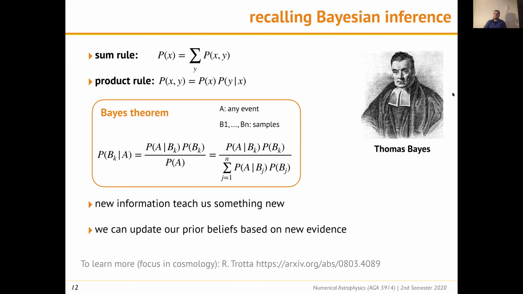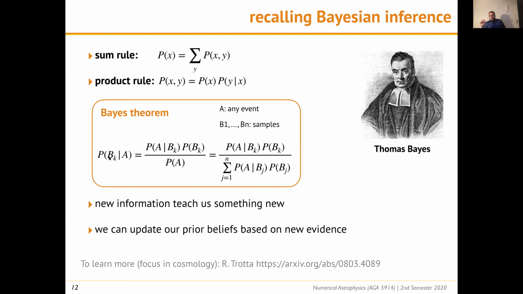And now we come to what's called Bayes theorem. Bayes theorem is named after this person. He was a reverend, I think, of the Catholic Church, if I'm not mistaken. Maybe wrong here, just guessing. And Bayes theorem essentially states the following. Let A be an event, and let's take a number n of samples, so B1, B2, B3, up to Bn.